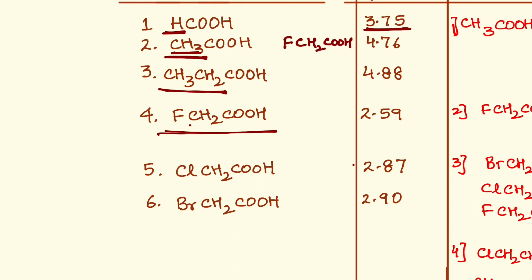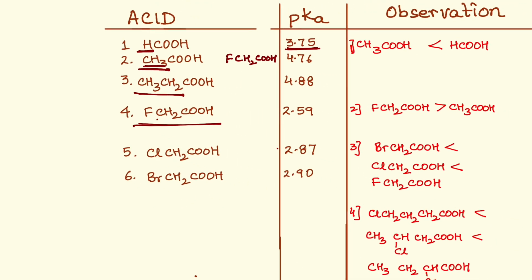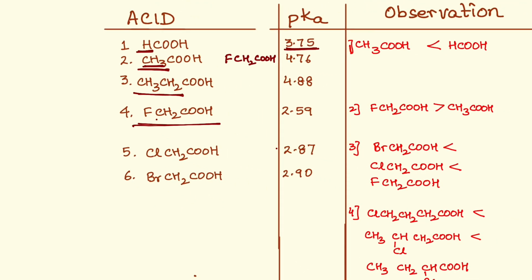How do we name it? Try it. Fluoroacetic acid. And what will be its IUPAC name? Fluoroacetic acid is not its IUPAC name. Think about it. I'm sure you'll be able to give the answer because you've already gone through the videos on IUPAC nomenclature.